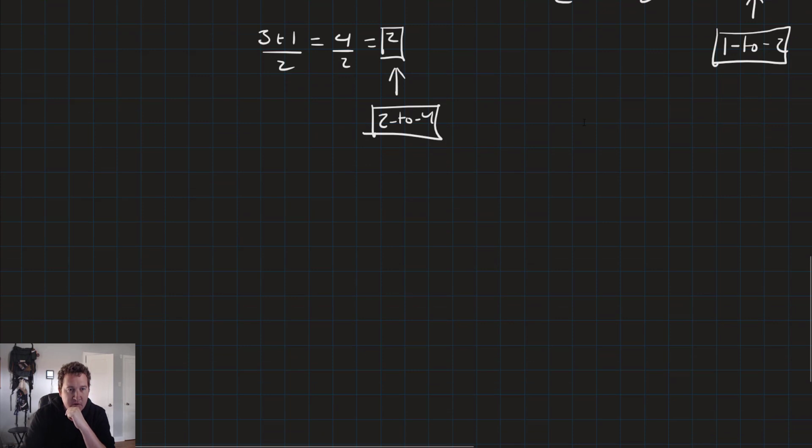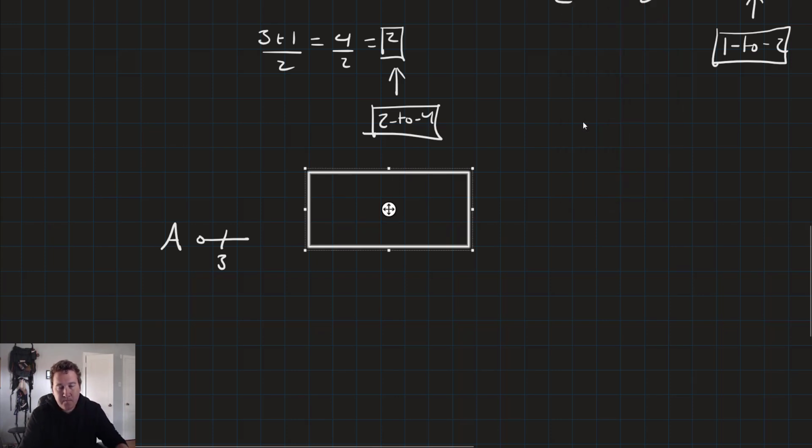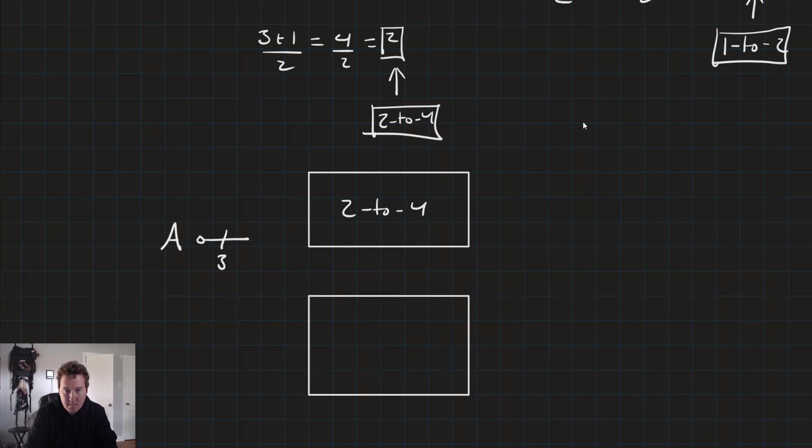So now let's just take a look at our input side. On the inputs, we're going to have A, which is going to be 3 bits. We'll then have a 2 to 4 and a 1 to 2. So let's see. We've got 2 inputs going to the 2 to 4. That'll be A sub 0 and A sub 1.